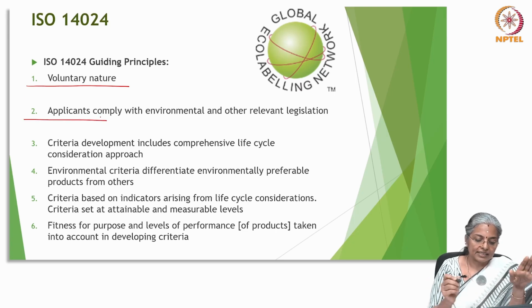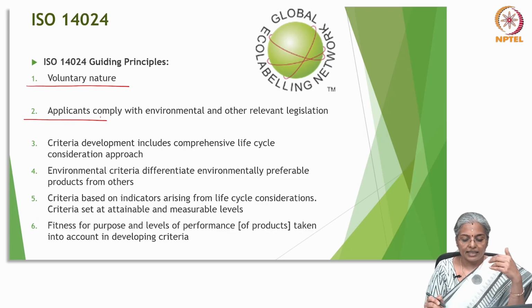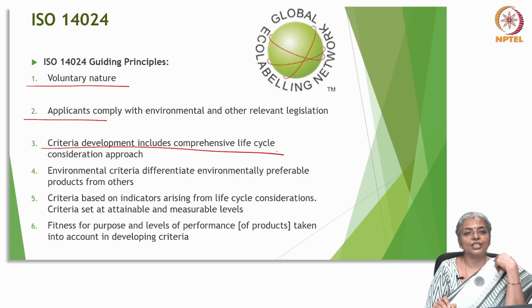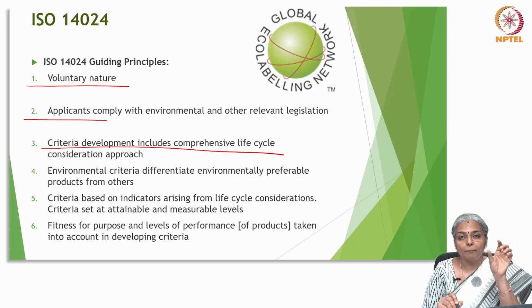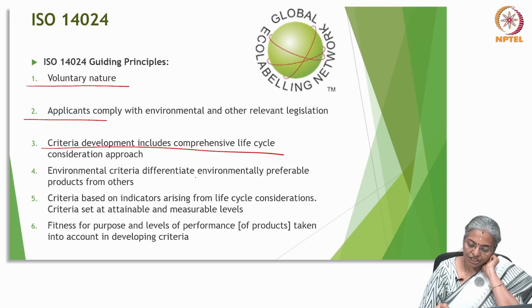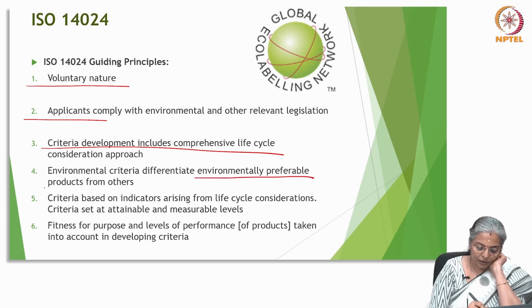That is the second principle. Third, the criteria development will include a comprehensive life cycle consideration approach and not a part by part approach. The environmental criteria will differentiate environmentally preferable products from others.